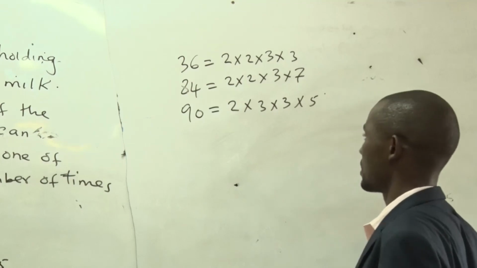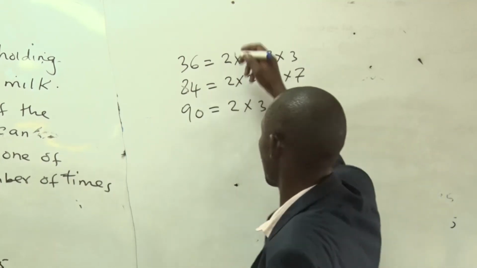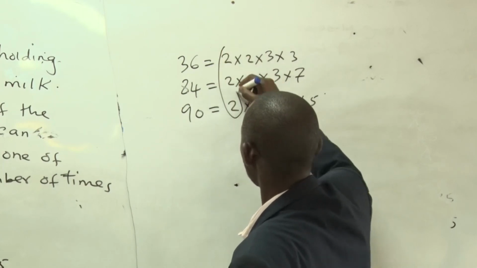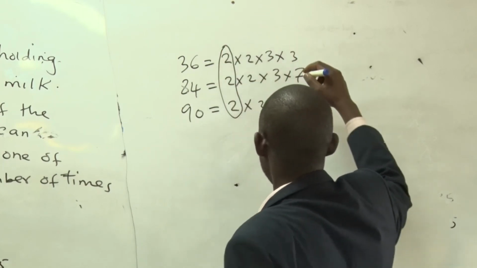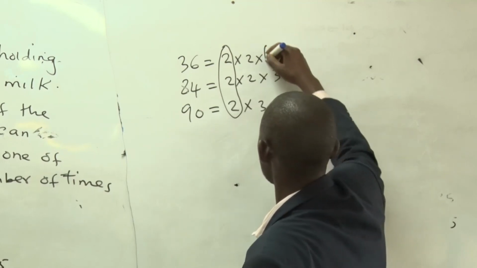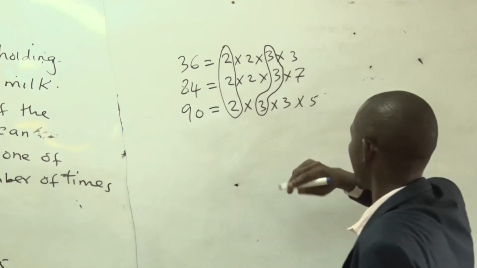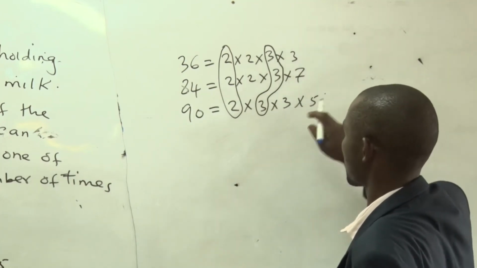After you have listed these factors, you look at which ones are common. 2 is common here; these other 2's are not common. 3 is common here; the other 3's are not common.